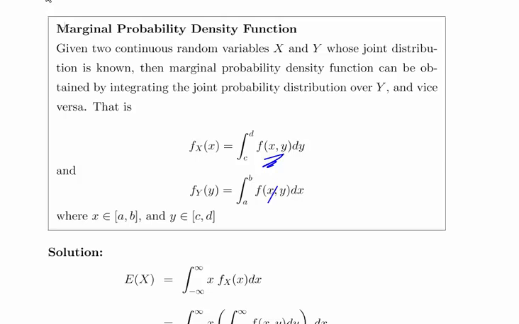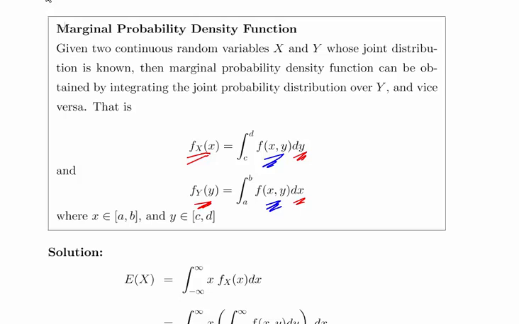This is a general definition here. So for the marginal density of x, it's the integral of the joint density with respect to y, and for y the integral is with respect to x, okay? That's just the thing to remember: use the opposite variable when you're doing these integrations.